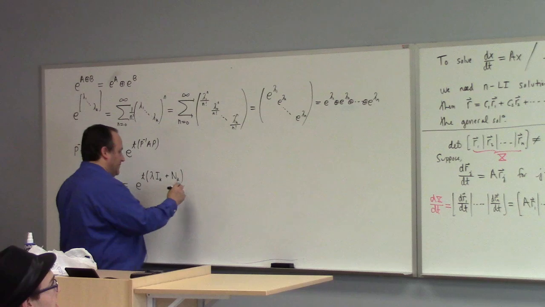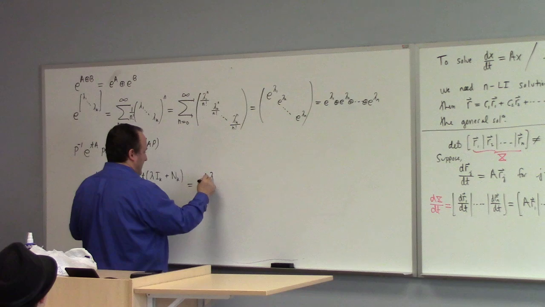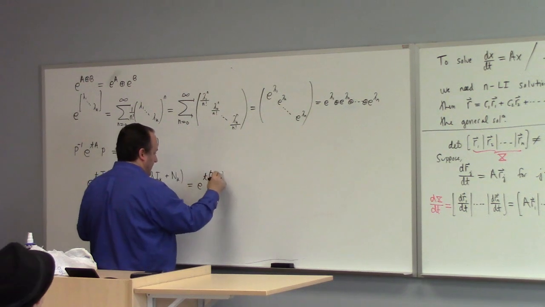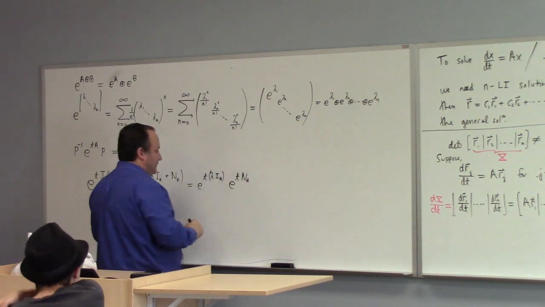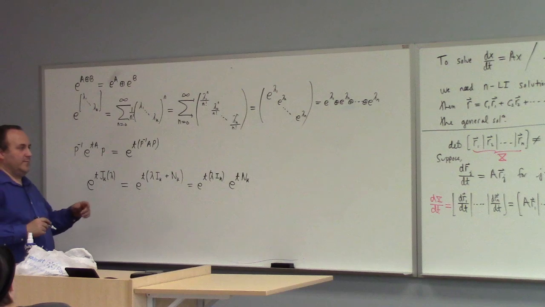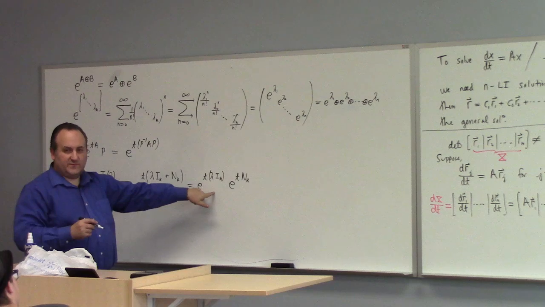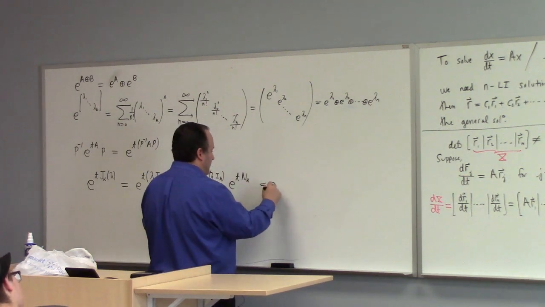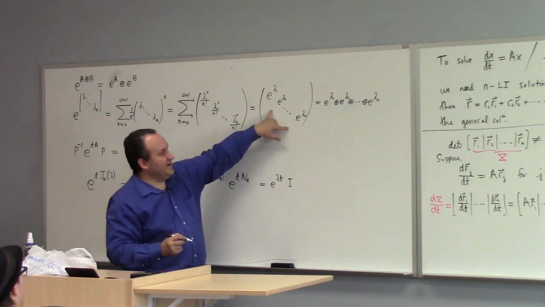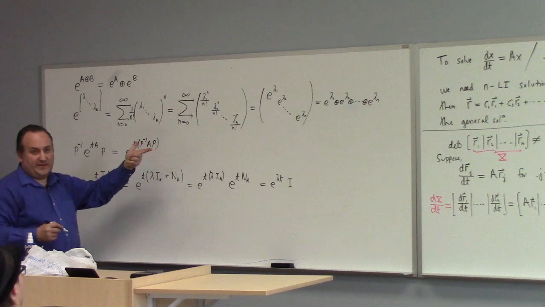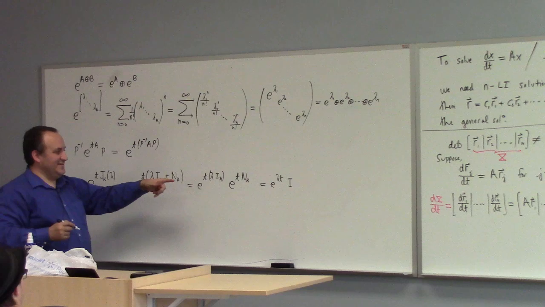So you see, I can rewrite this as, of course, e to the t times lambda I_k, times e to the t N_k. But by the calculation we just did above, the first factor is straight up e to the lambda t times the identity matrix, right? When these are all the same eigenvalue, you can just factor out e to the lambda t times the identity. And what's e to the t N_k?